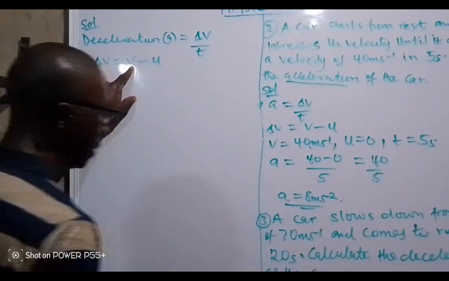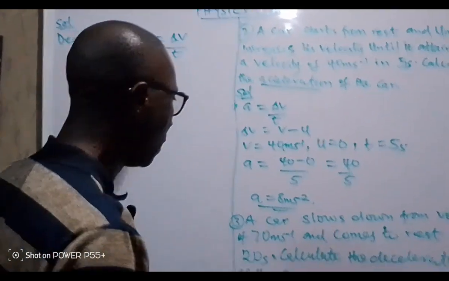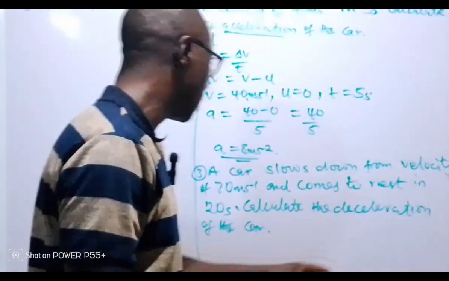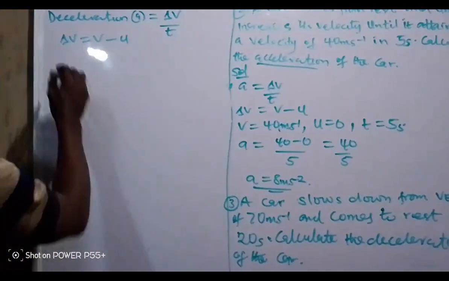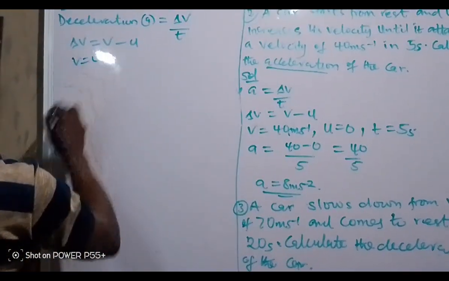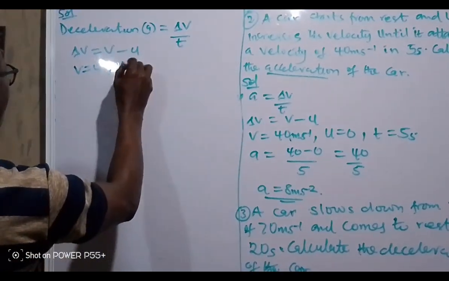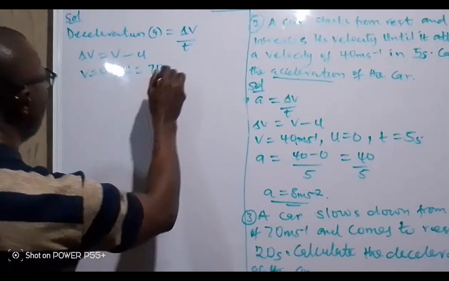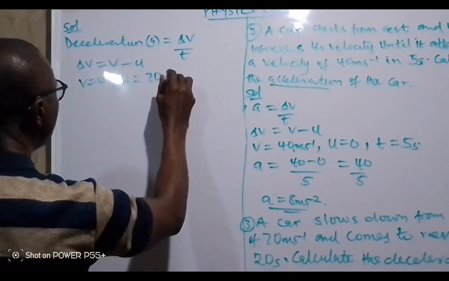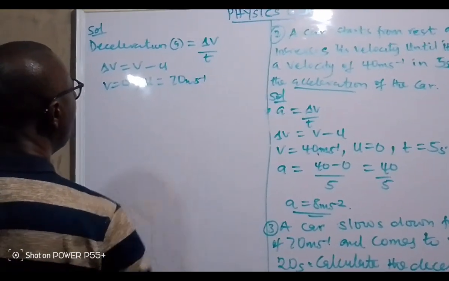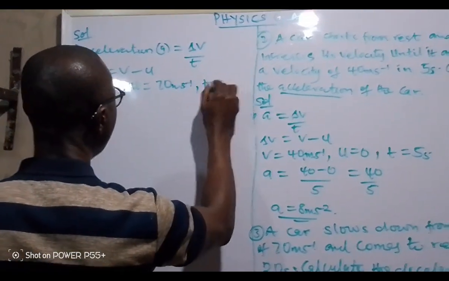If you look at this question, it says comes to rest, so our V here will be equal to 0. U, according to the question, is 70 meters per second. And the time to decelerate is equal to 20 seconds.